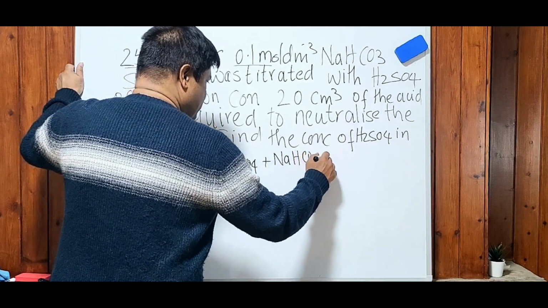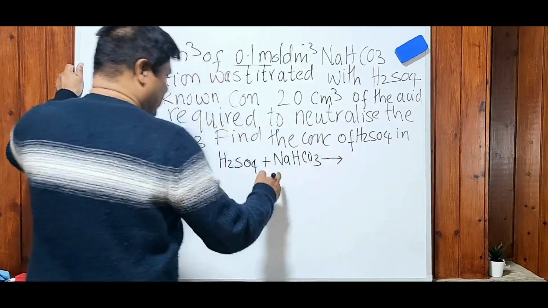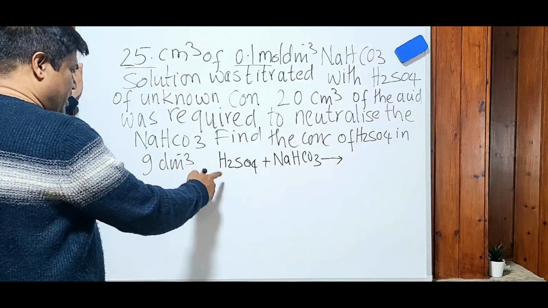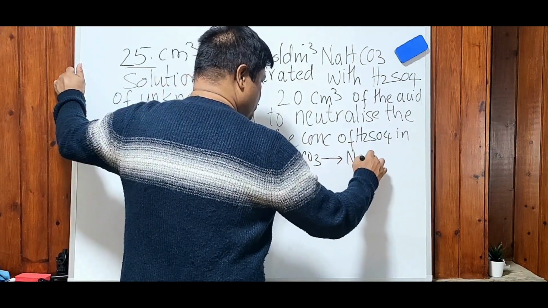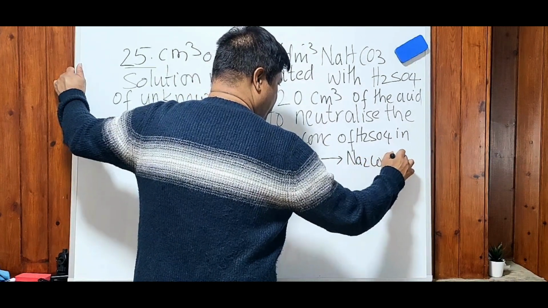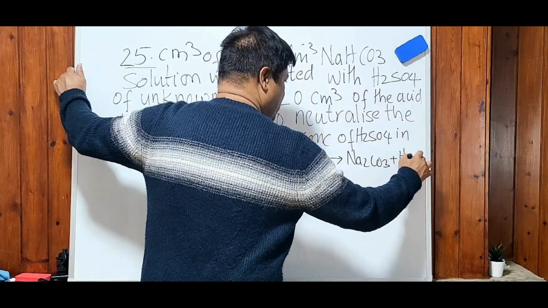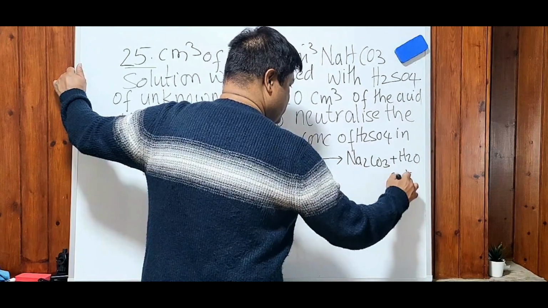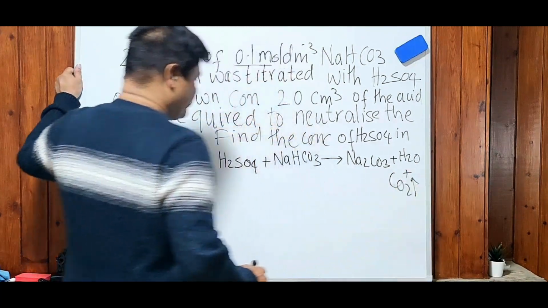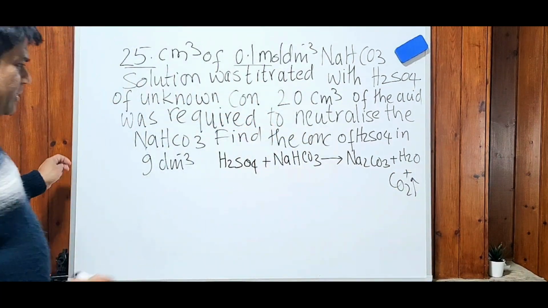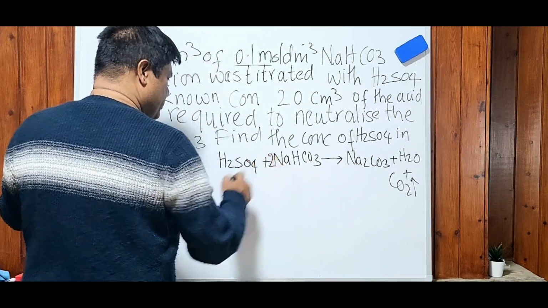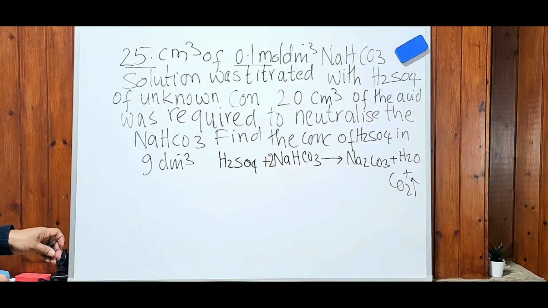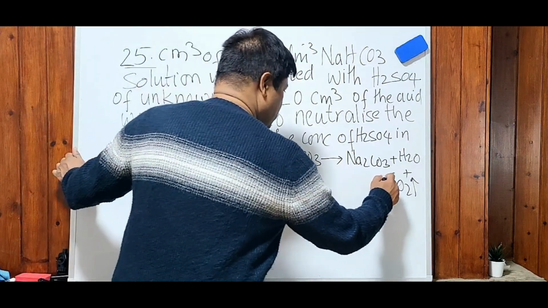NaHCO3. Acid plus carbonate, yes, acid plus any carbonate, we will get salt, Na2CO3, plus water plus carbon dioxide gas coming off. Look at that, the 2 sodium, so balanced by 2 here, and 2 carbon.